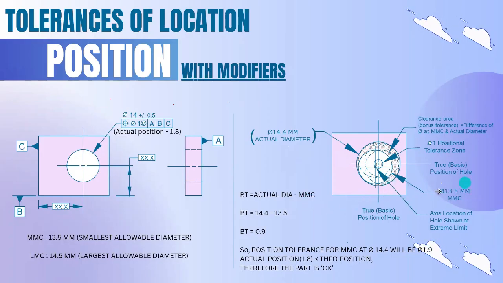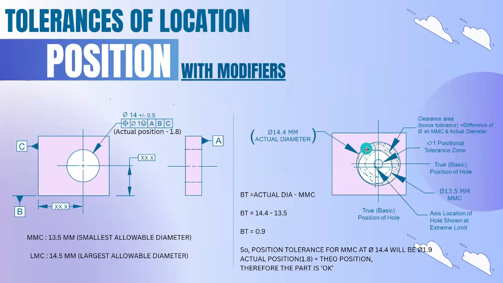The diameter should be 13.5, but the manufacturer increased the hole size, so it is more possible to assemble the part due to the larger diameter. Due to the larger diameter, we can get a clearance. Because of the clearance, the part will assemble easily.